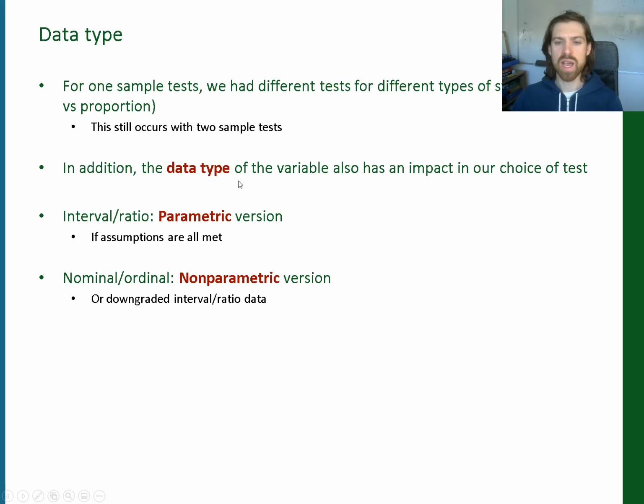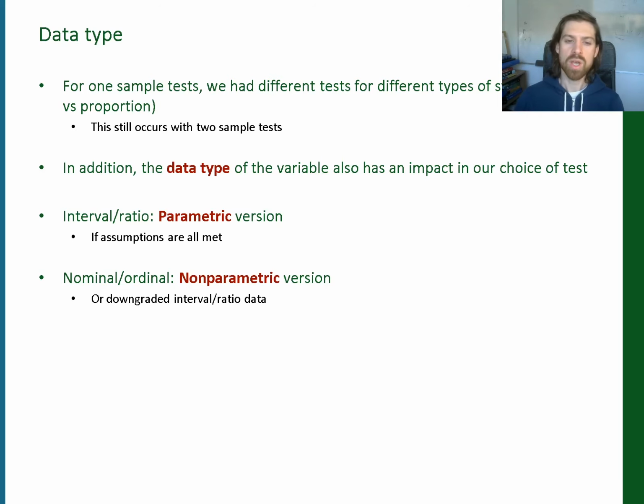The actual data type of the variable that we use does have an impact on our choice of test. So for example, if you've got interval or ratio continuous data, then parametric tests are appropriate if all of the assumptions are being met. But if we had ordinal data, then a non-parametric version of that test would be more appropriate.